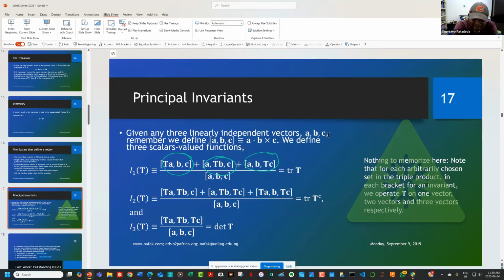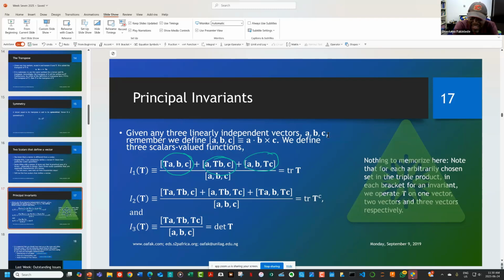The second invariant is very similar. Instead of transforming one of the three vectors, you transform them two by two. The first one you transform A and B, the second one you transform B and C, and the third one you transform C and A, and you divide again by the triple product of the three vectors.